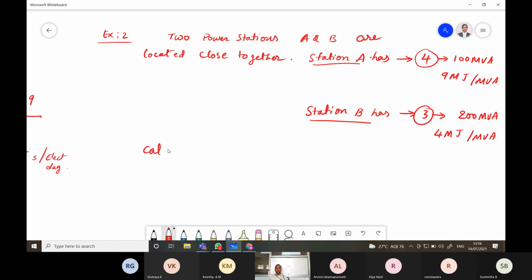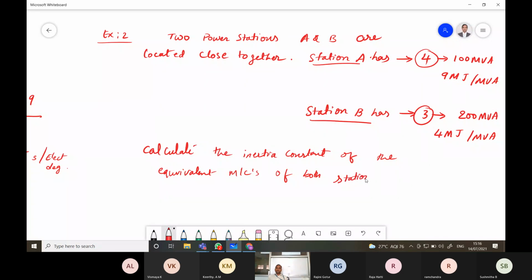Calculate the inertia constant of the equivalent machine of both stations on a 150 MVA base.